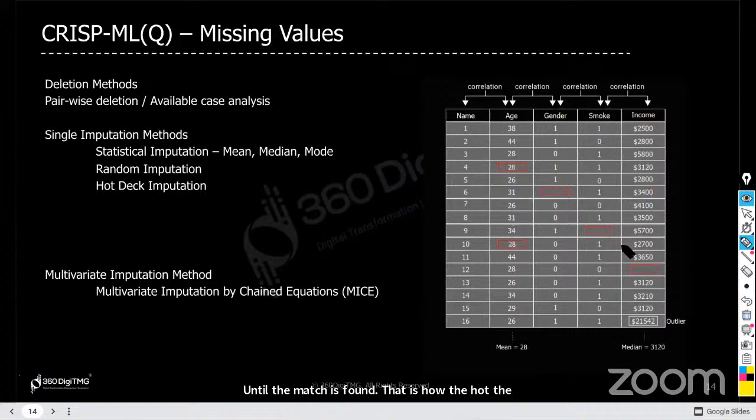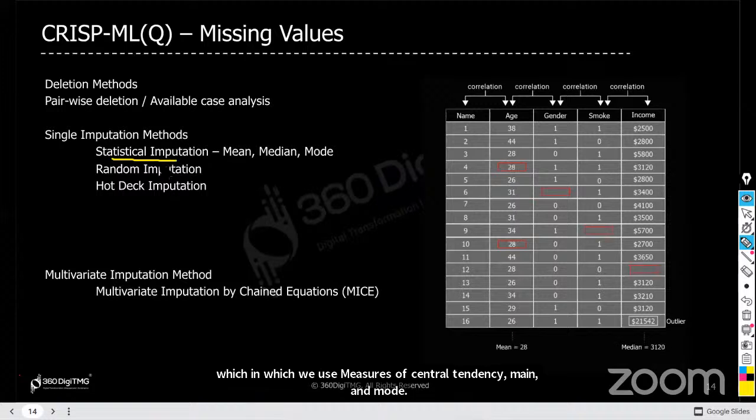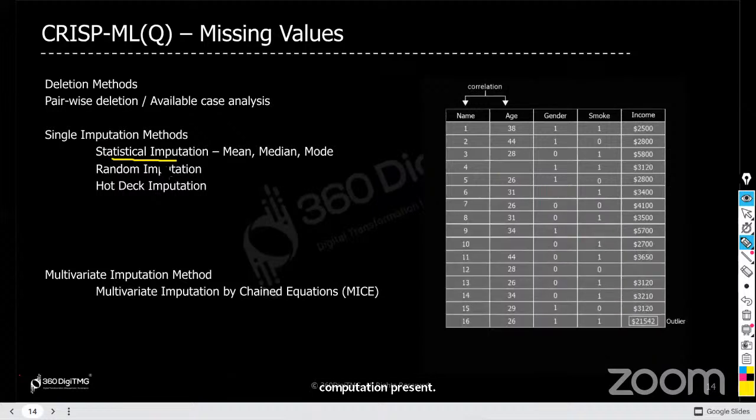So apart from the deletion methods, you also have a concept called replacing the missing values with some logical value, called imputation. In imputation, you have multiple statistical imputations in which we use measures of central tendency: mean, median, and mode. And also there is one more thing, which is random imputation, where we will replace the missing value with some random value which is present in the range of that column. And then we have hot deck imputation, where wherever the missing value is present, that record is going to match with the rest of the records.